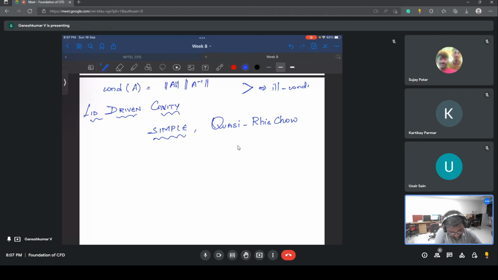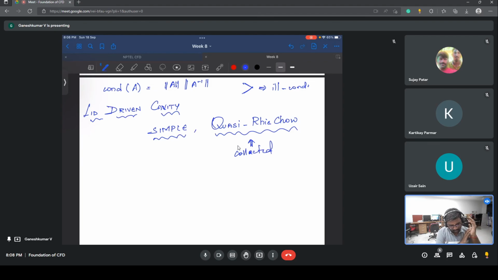Since you did the SIMPLE algorithm using those programs, you can go through the quasi-ratio method and implement the same thing, but this is for a collocated mesh, not for staggered, and you can see how the results are.